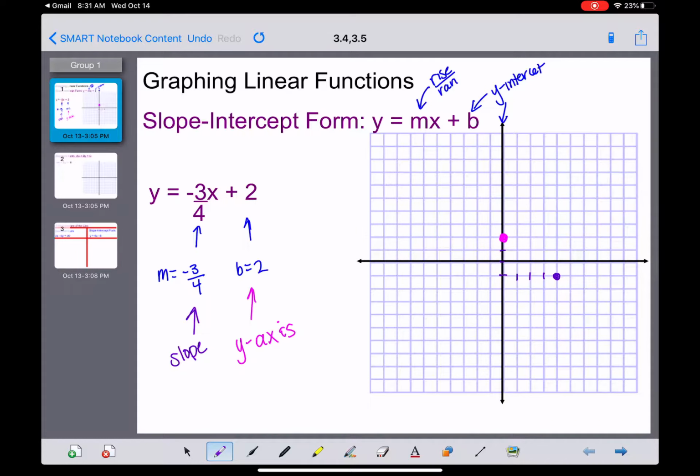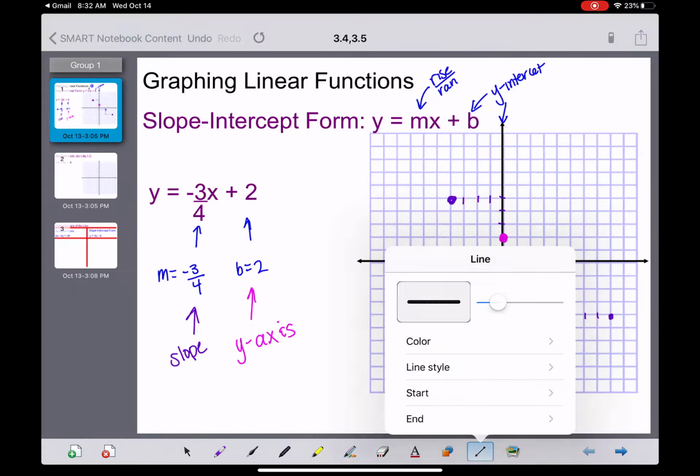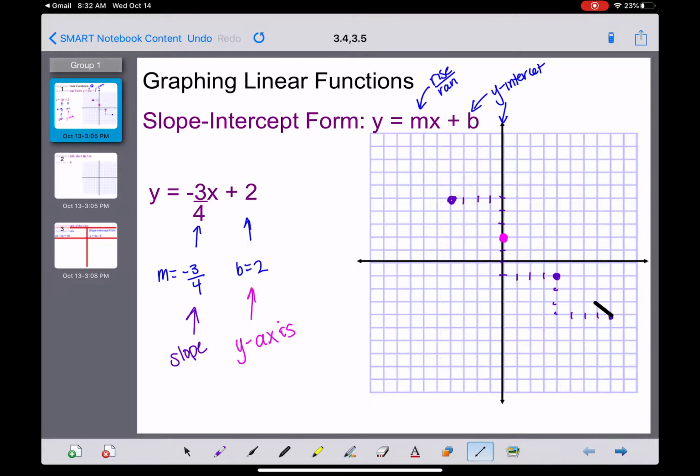I can continue this pattern if I want to get a few more coordinates. That is the same as going up 3 units and backwards 4. Since it is a negative slope, it does trend in the negative direction, or it is going downhill.